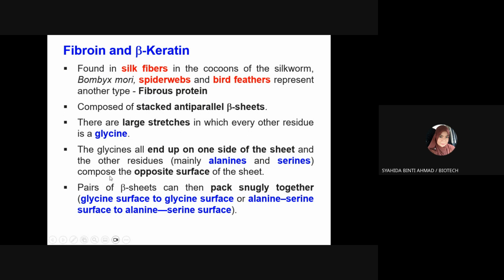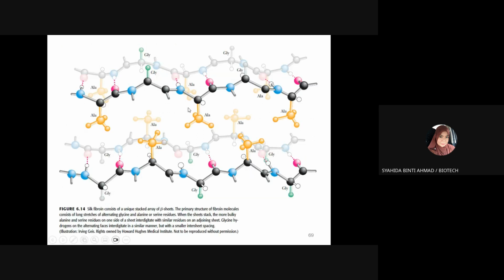And you will see that later these beta sheets will be packed, snuggling together. So glycine surface to glycine surface, and the alanine serine will pack with the alanine serine surface. So this is what the statement mentioned. You can see these are two different sequences, so the alanine and alanine will pack together here, between these two different sequences, and glycine will pair with the other glycine outside.